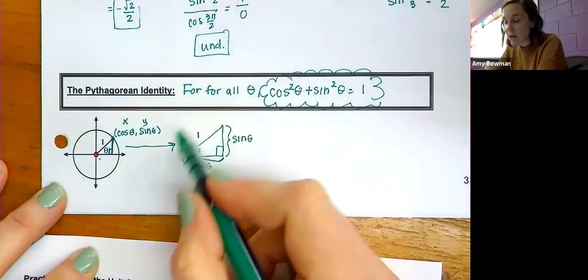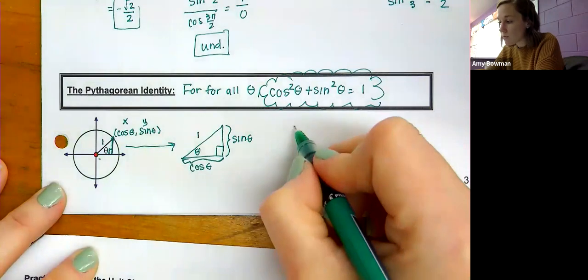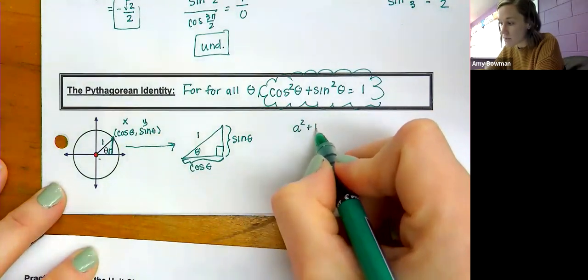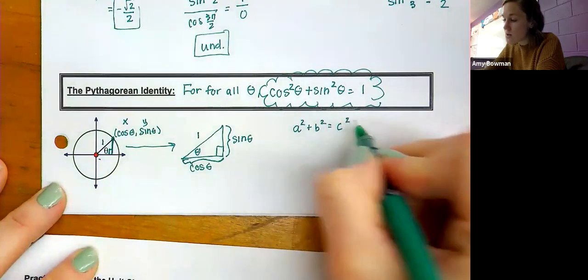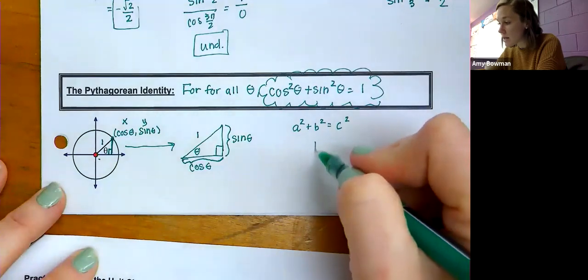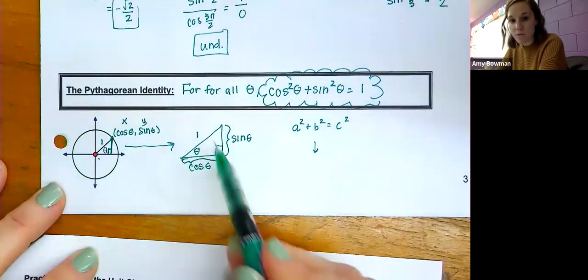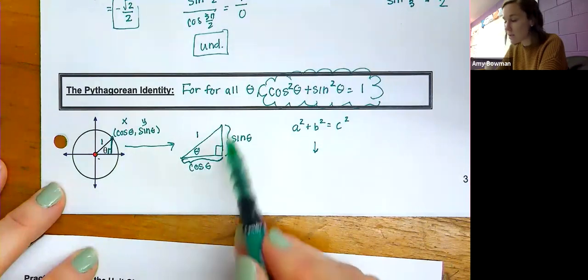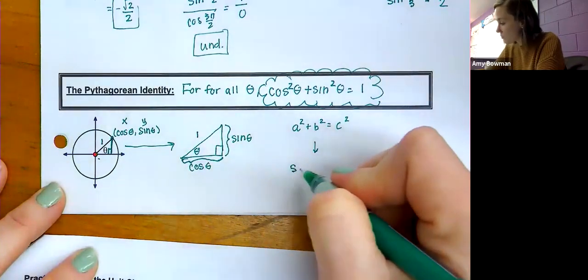This comes from the Pythagorean theorem, which we're familiar with in the sides of a right triangle, a squared plus b squared equals c squared, where a and b are the legs and c is the hypotenuse. So we're just applying that to right triangles formed from the unit circle. So a squared plus b squared would be cosine squared plus sine squared.